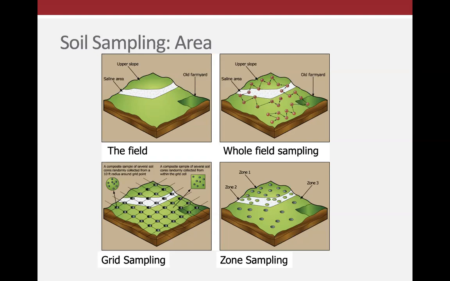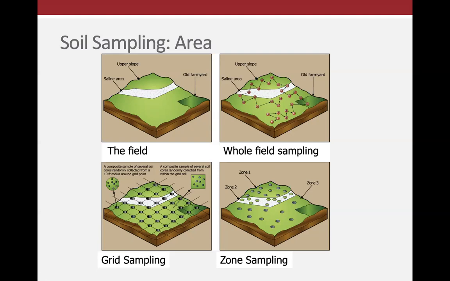And then with zone sampling, it's kind of like grid sampling, but not to the same extent, where based on previous knowledge, we might break the field up into these different zones. So here maybe zone 1 is this upper slope, zone 2 might be the saline area, and then zone 3 might be this lower slope area, okay? So again, conceptually, three different approaches here.